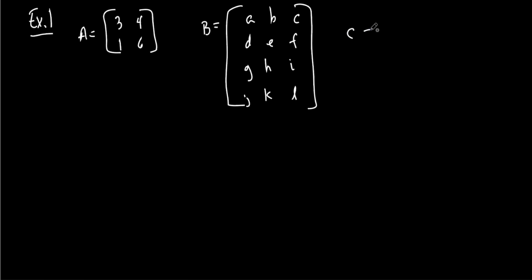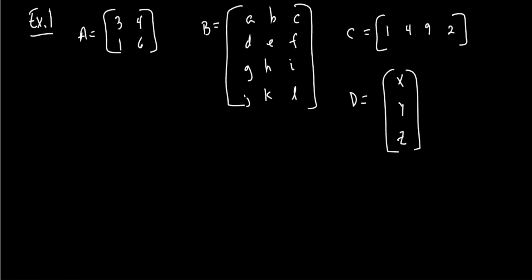Matrix C is 1492, 1492. And then matrix D is X, Y, and Z. So what we have to do is just tell me the dimensions of these matrices.